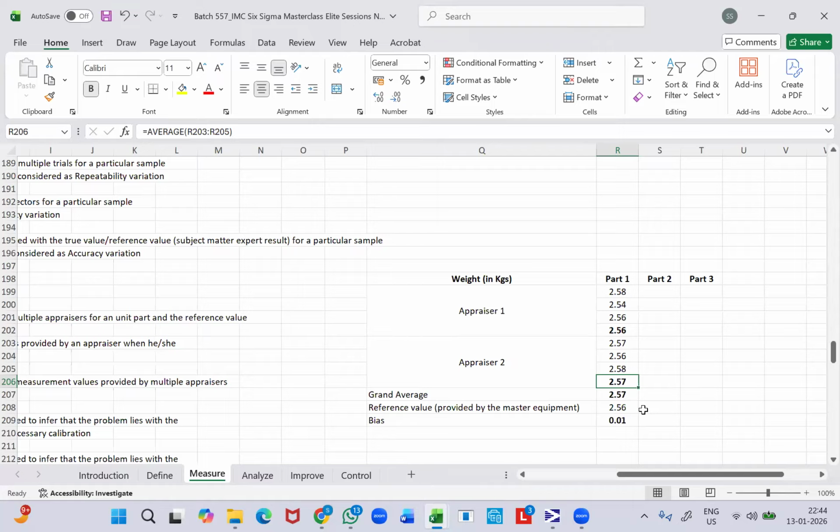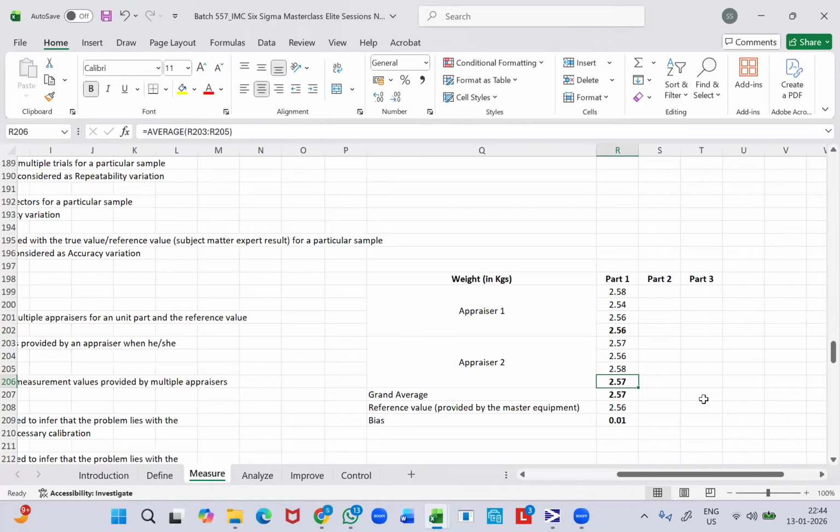So repeatability variation is referred to as gauge variation or the measuring equipment variation. Reproducibility variation is referred to as appraiser variation, right? So what is this reproducibility variation? This is the differences in the average of the measurement values provided by multiple appraisers when they measure the same part using the same gauge. That is what we would call reproducibility variation.